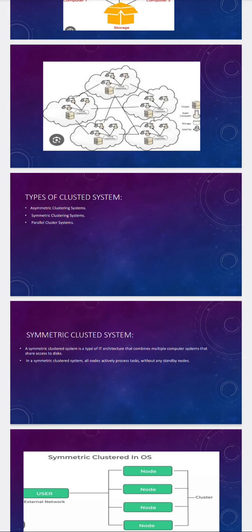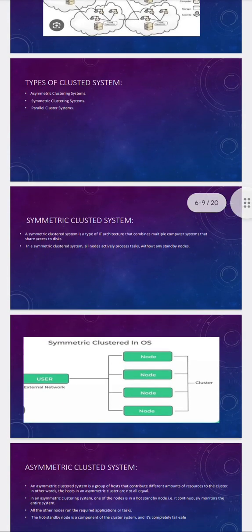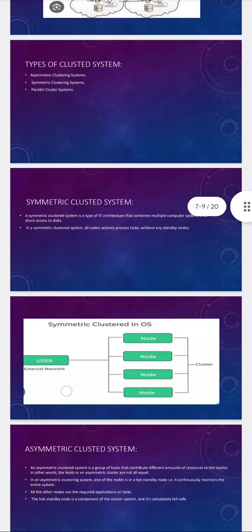In a symmetric clustered system, all the nodes actively process tasks without any standby nodes. I have given the systematic representation of the symmetric clustered OS. The external network is the user, and the user is accessing multiple nodes. Those multiple nodes combined are known as a cluster.